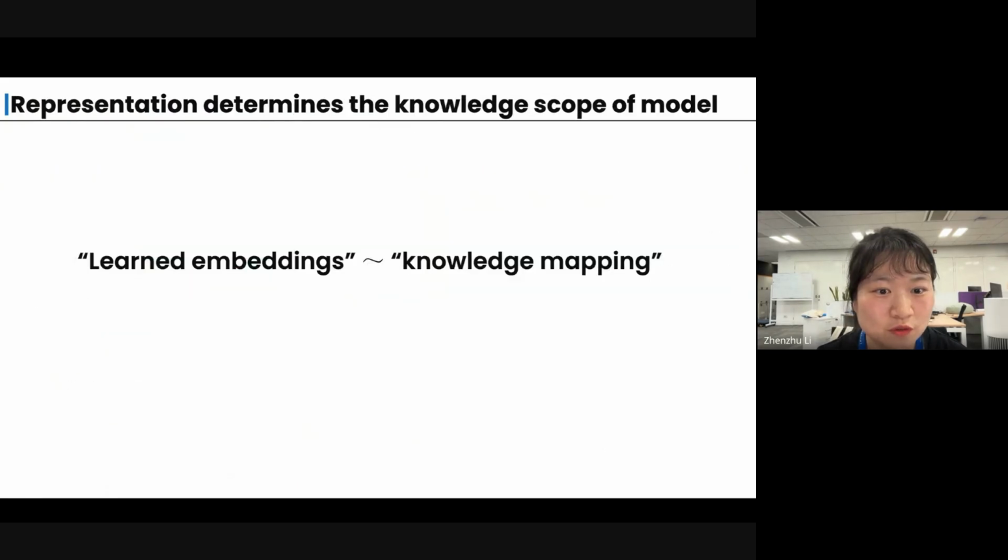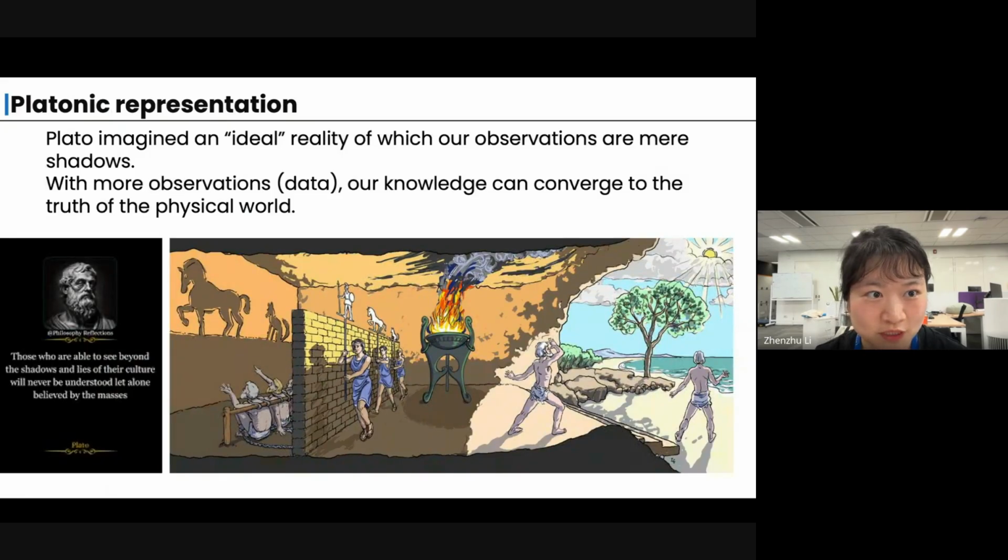So the learned embeddings are actually the knowledge mapping that the model has learned. Then comes why we care about the Platonic representation. The Platonic representation comes from Plato's story, where Plato imagined an ideal reality, and our observations are mere shadows of that.